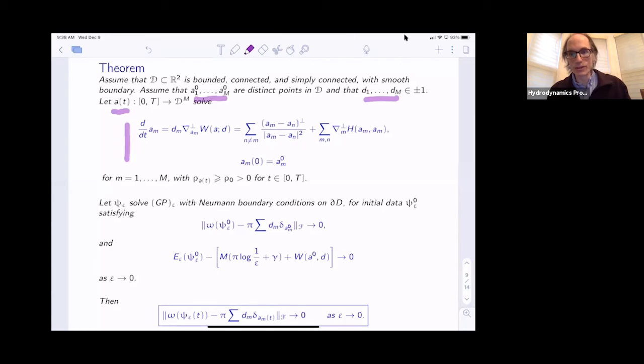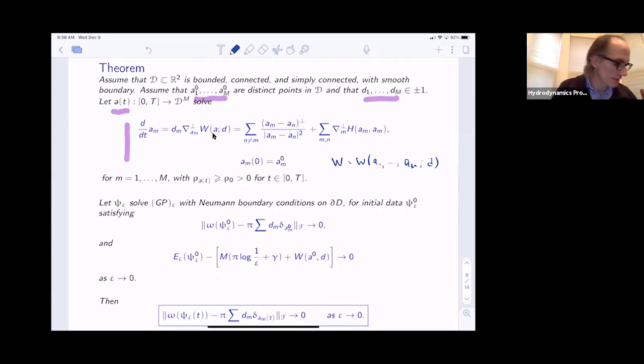I see there's a question. Are there some typos in the gradient subscripts? Yeah, there could be some typos. And so what I want here is, I want to view W as a function of a_1 up to a_M, and then these d's are fixed. So I'm only going to vary the a's.